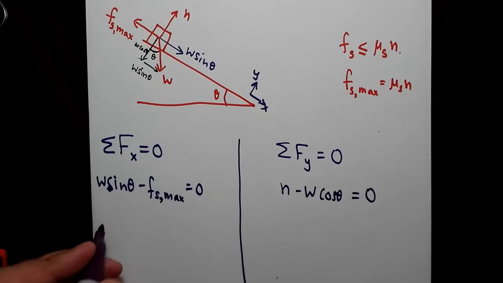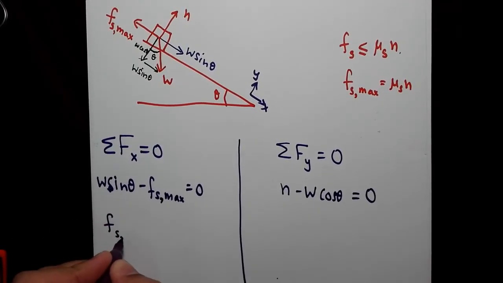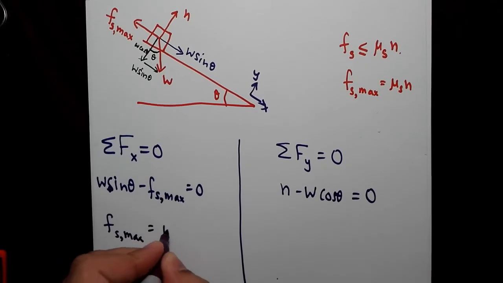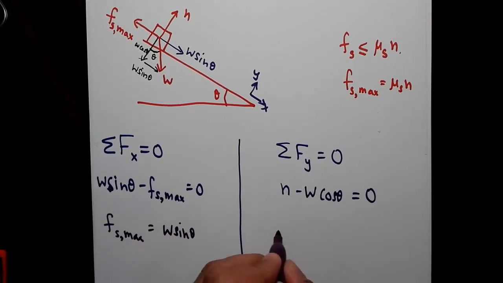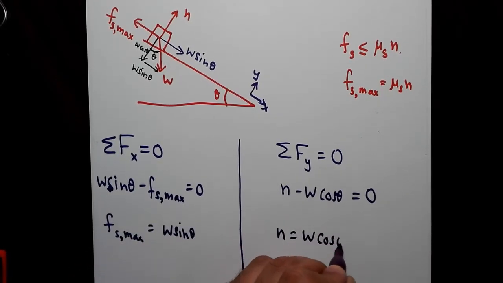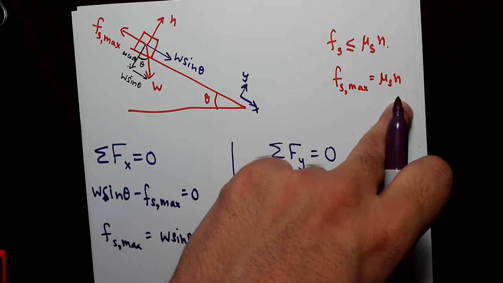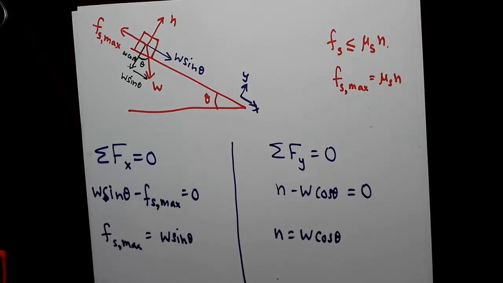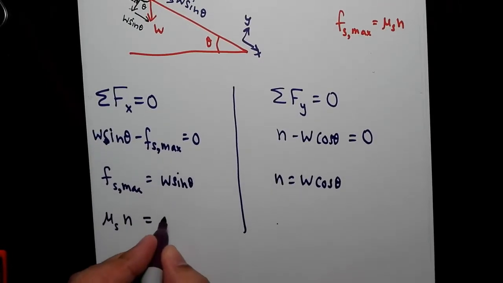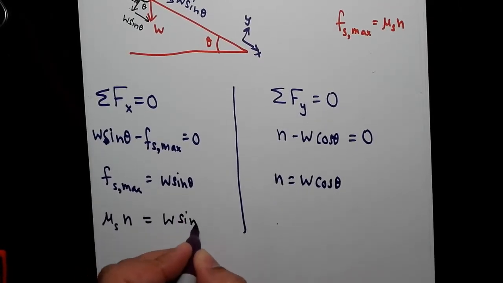So this gives us Fs max equals W sine theta, and this gives us n equals W cosine theta, right? Now Fs max is mu s times n, so you get mu s times the normal force equals W sine theta.